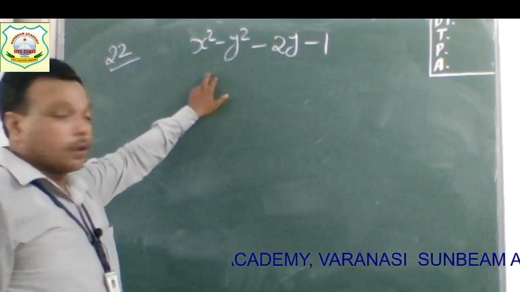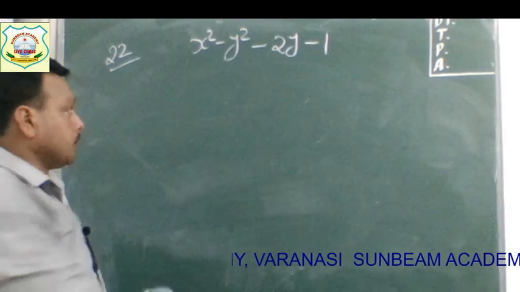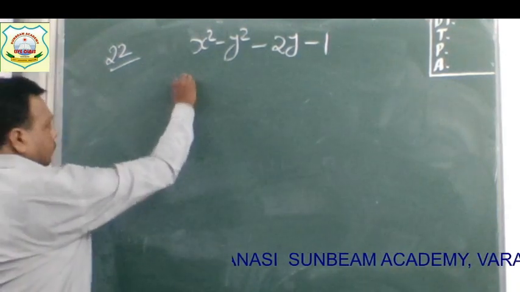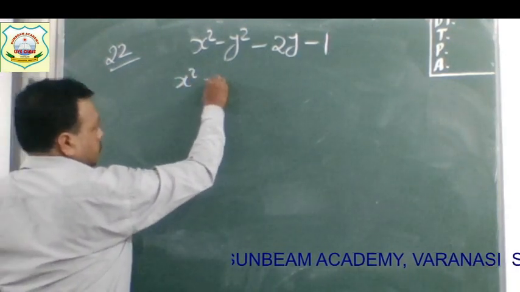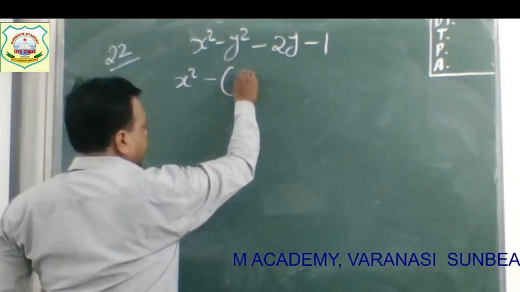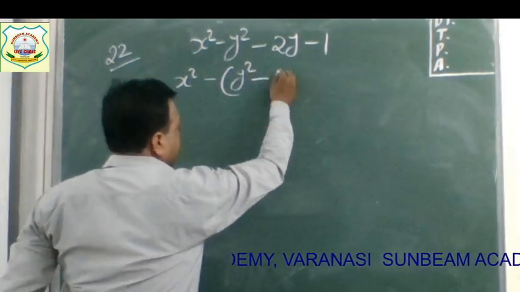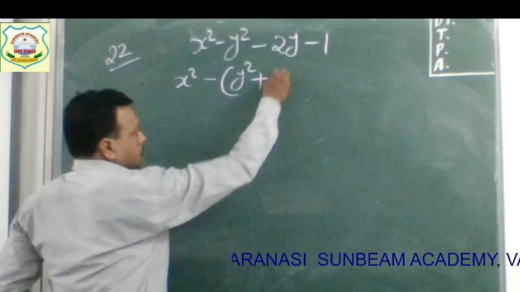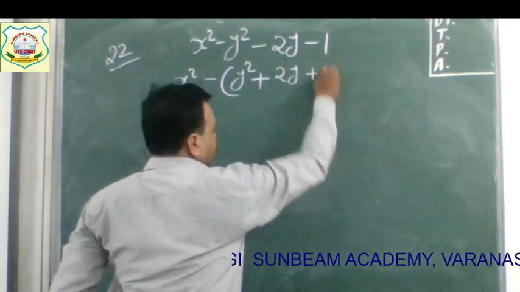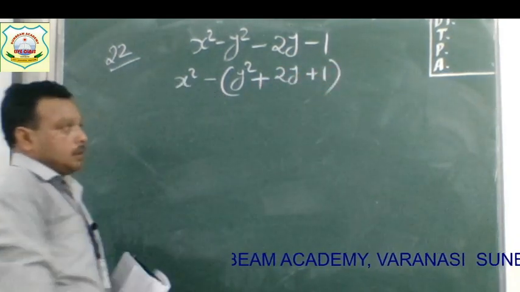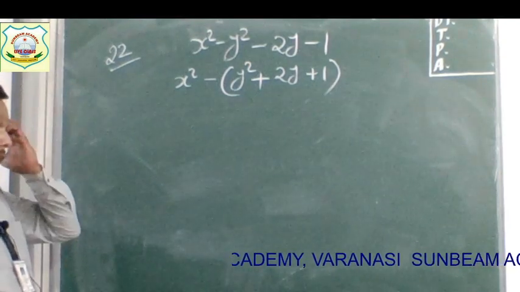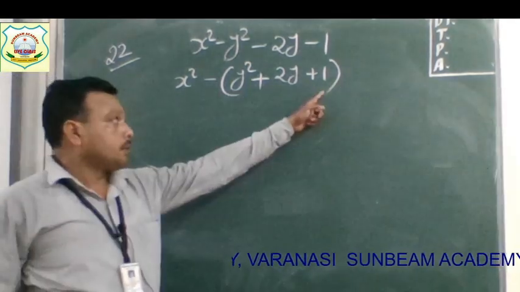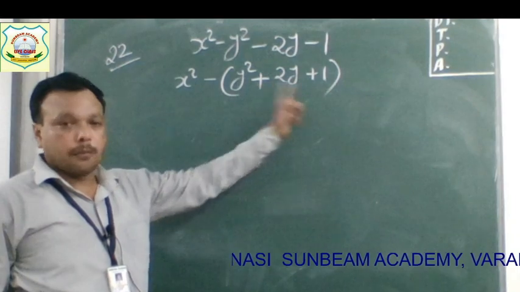Just think about what I am doing here. We have taken x square this way, and this we have made a group here. This sign will change, 2y plus 1. Students, now just identify which identities we are using here, which identities of expanded form.